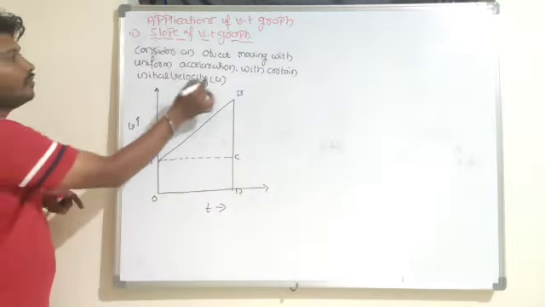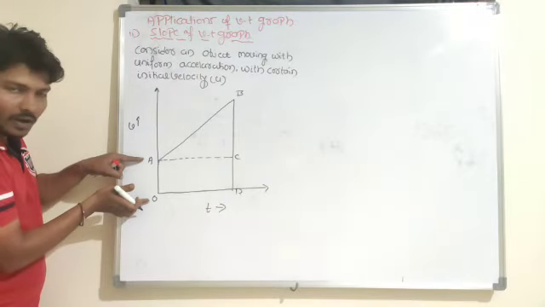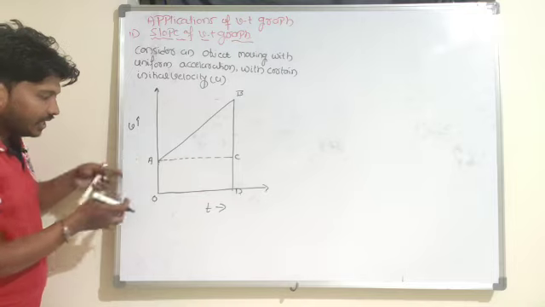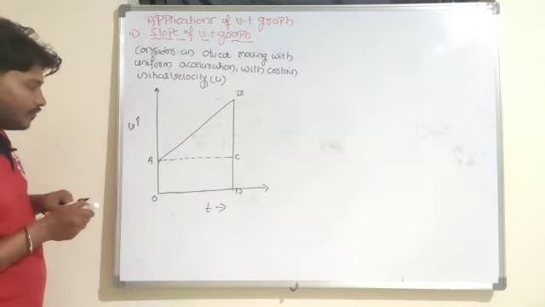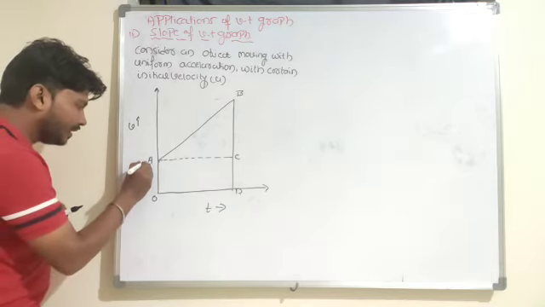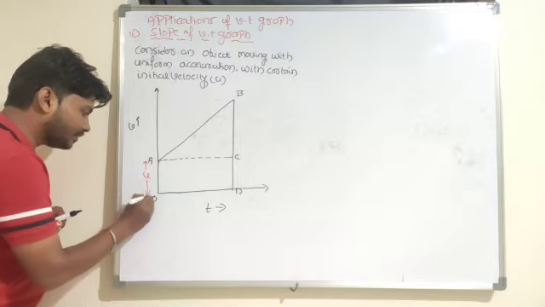The object is moving with a certain initial velocity, along the y-axis is velocity. From O to A, that initial velocity I will take as u here.